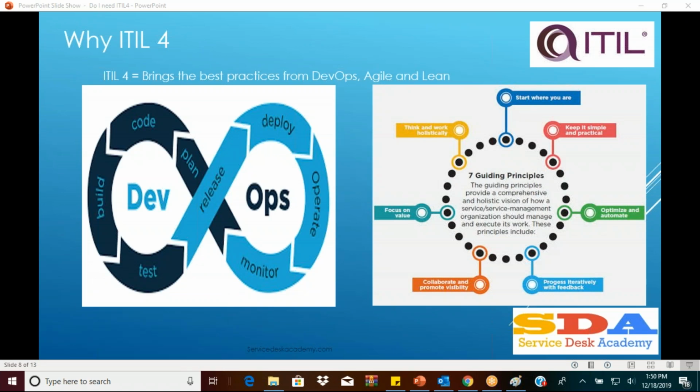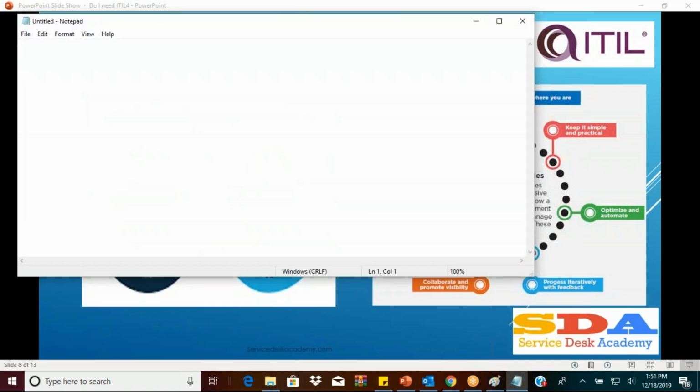There are different wastes, be it the manufacturing industry or any industry: waiting time, unnecessary inventory, overproduction, over-processing, defects, motion of people, and transportation of goods.